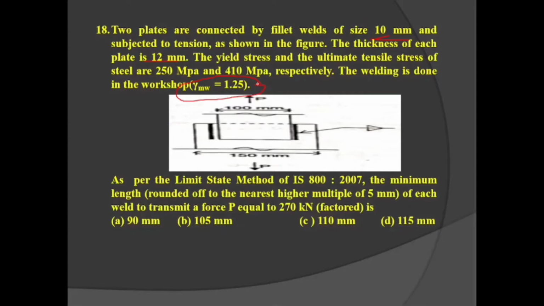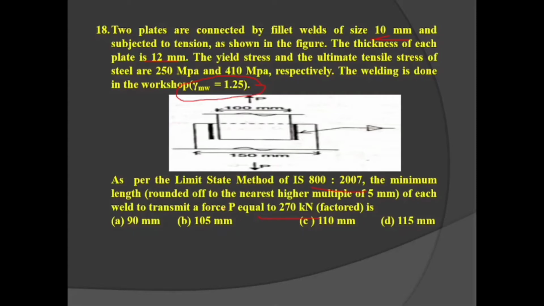If it was done in the field, then the partial factor of safety would be taken as 1.50. As per the limit states method of the IS code, that is IS 800:2007 amended, the minimum length of each weld to transmit a force equal to 270 kilonewton is to be found, so we have to calculate the length of the weld.